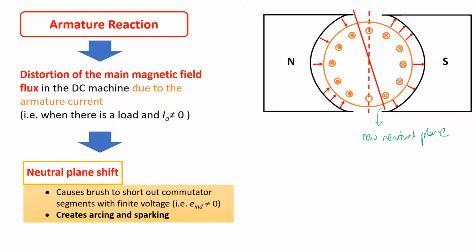And this neutral plane shift would have adverse effects on the DC machine because originally at the original neutral plane, we said that the induced voltage should be 0. But now that the new neutral plane has been shifted, the induced voltage at coils X and Y, which are now on the vertical axis, is no longer equal to 0.